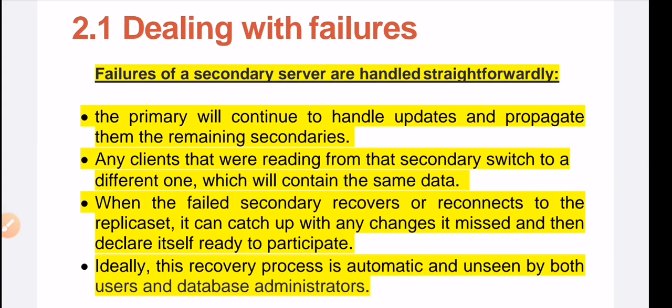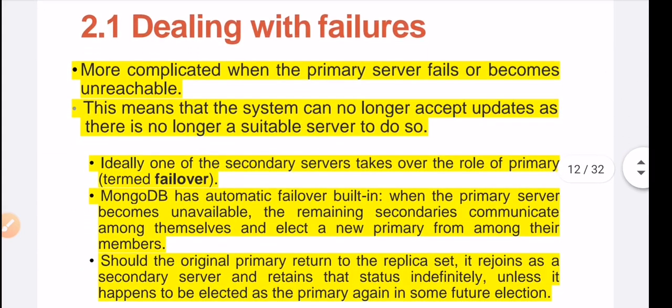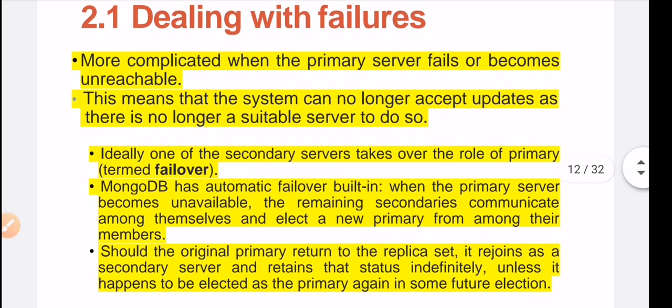When the secondary recovers or reconnects to the replica set again, it can catch up with any changes it missed during its failure. Ideally, this recovery process is automated and unseen by both users and database administrators. So it is all done through the Mongo database itself.